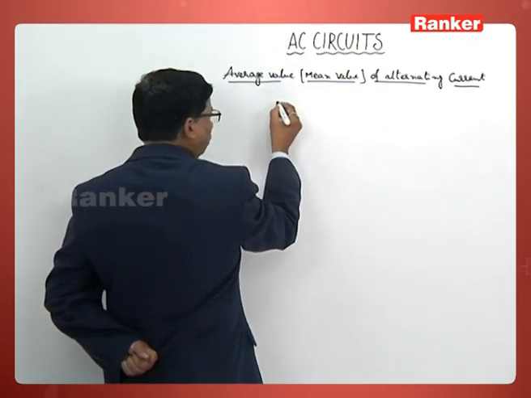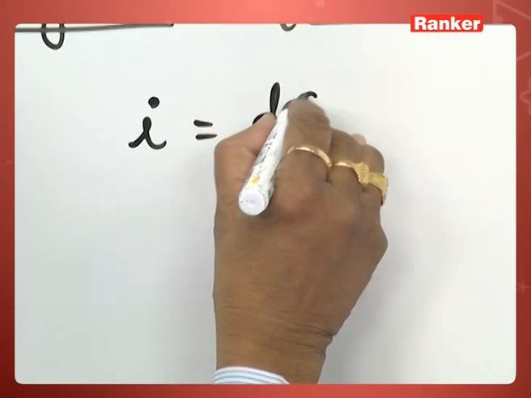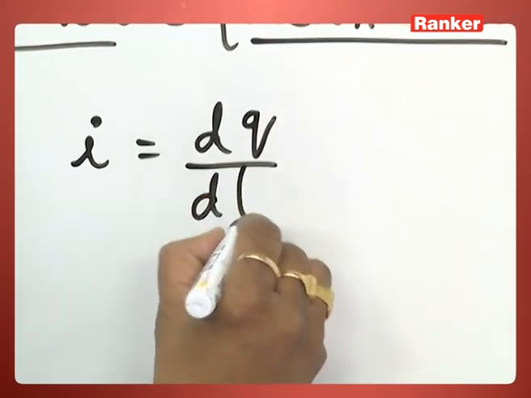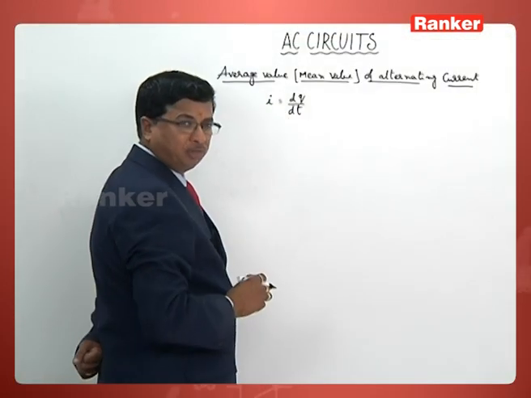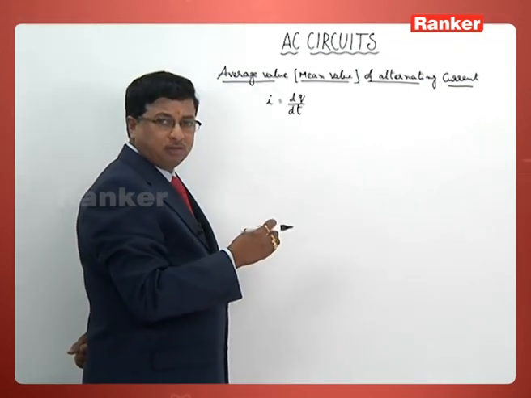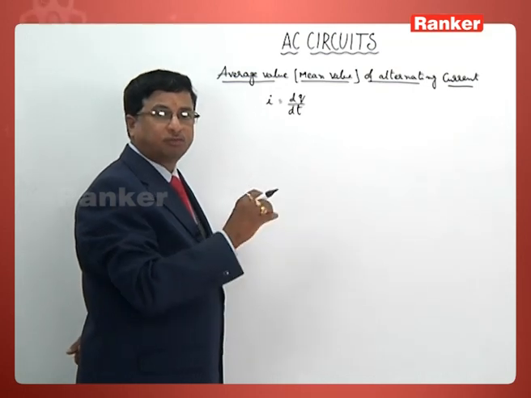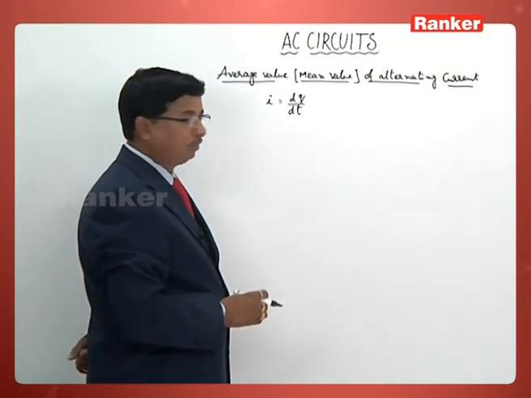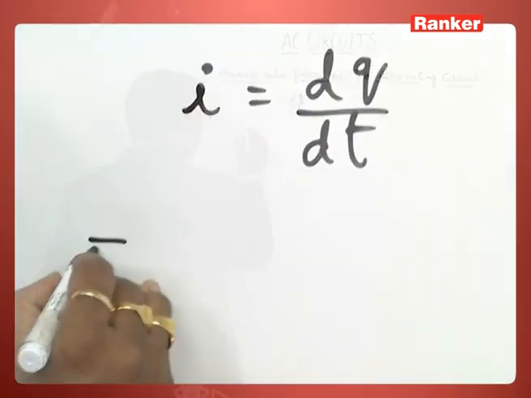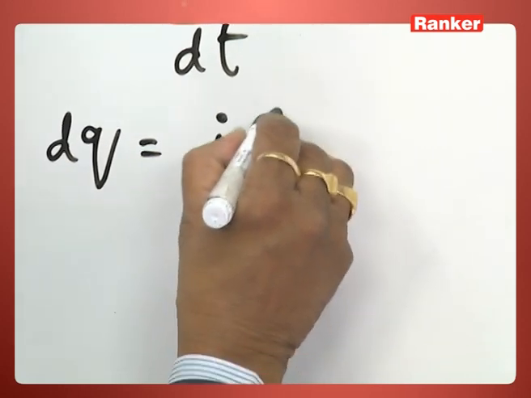We in fact know I is equal to dq by dt. That formula, of course, is a direct definition for current, the rate of charge flowing across a conductor. Cross multiplication of this gives you dq is equal to I dt.